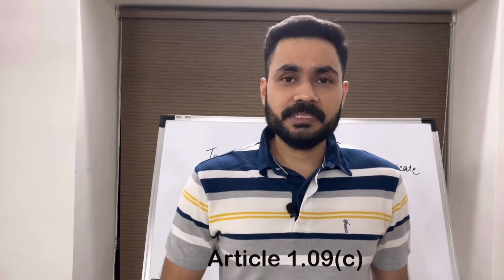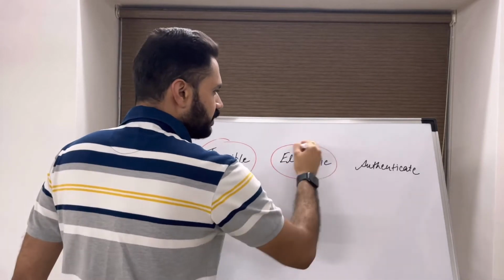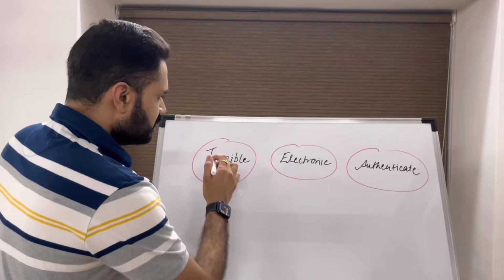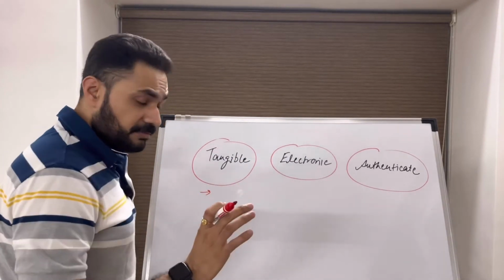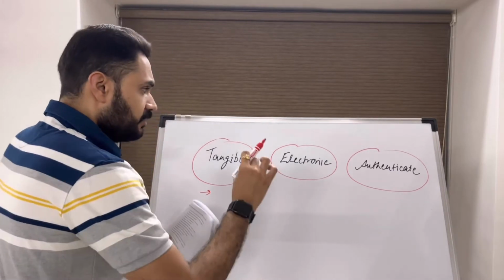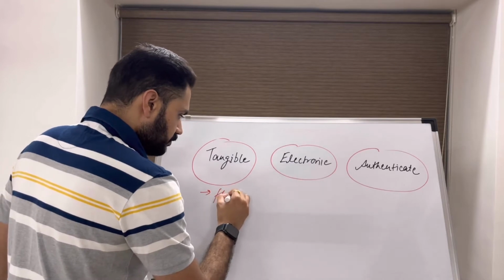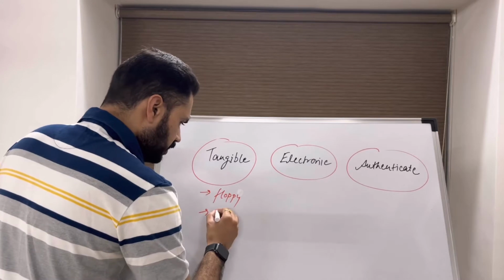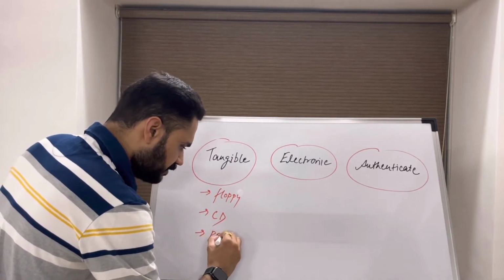Point number C, electronic presentations. Electronic presentation has three parts: one is tangible, one is electronic, and one is authenticate. Tangible means when you are presenting a document, suppose in the form of a floppy disk, for example, or a CD compact disk or a pen drive.